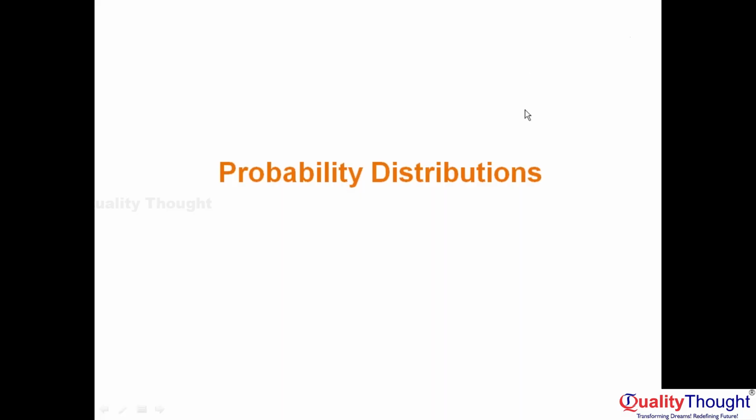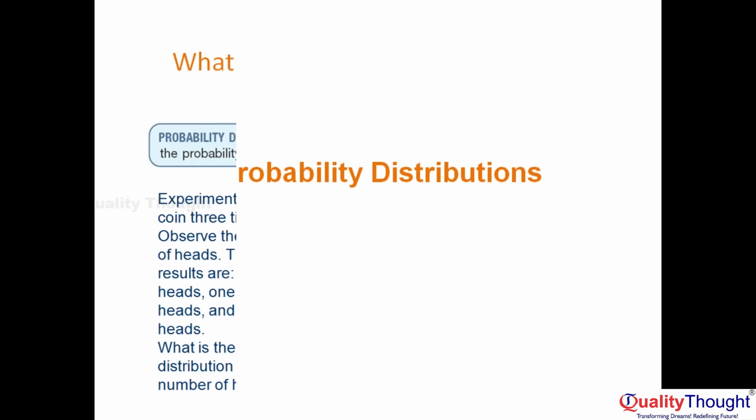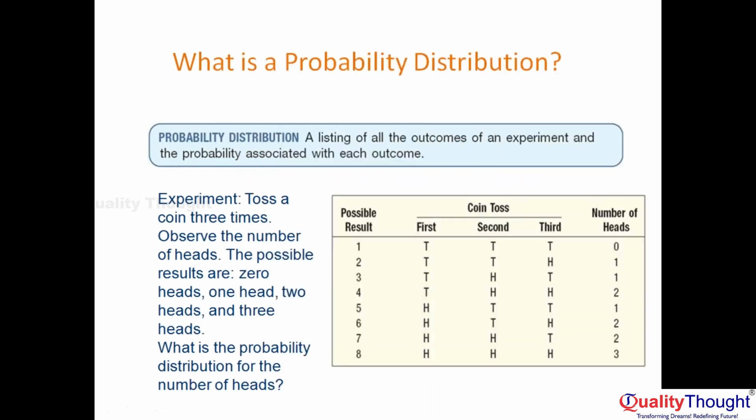Probability distribution is listing all the outcomes of an experiment and the probability associated with each outcome. For every successful event or every failure event considered under this probability distribution, counting all together should become equal to 1, right or wrong?